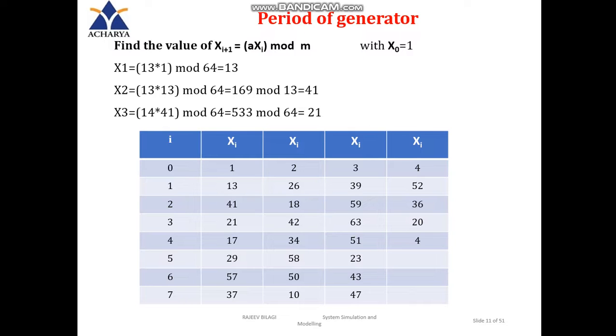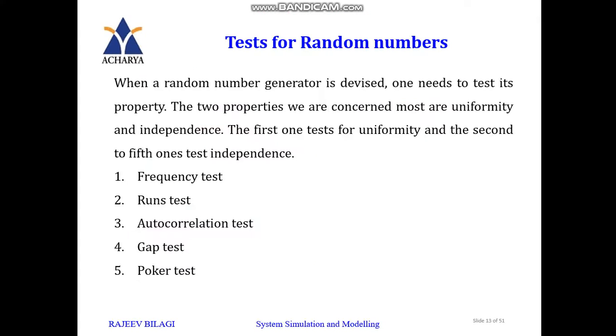Now after generating this set of numbers, we need to test for two different properties of random numbers. One is uniformity, another one is independence. Now there are 5 different techniques, out of which the first one is the frequency test and the rest are for independence.